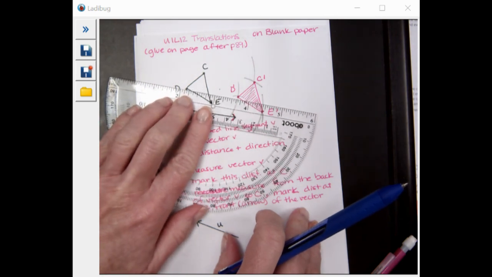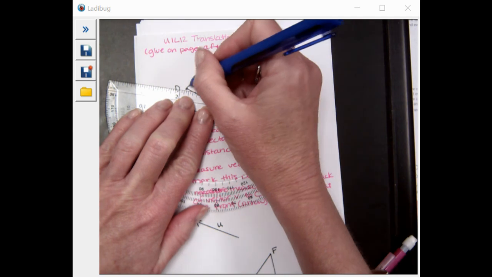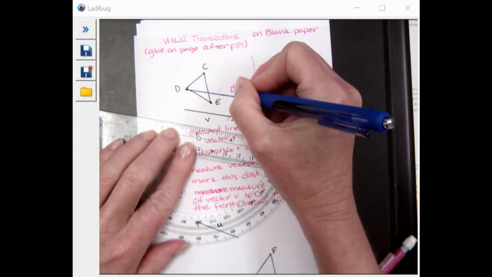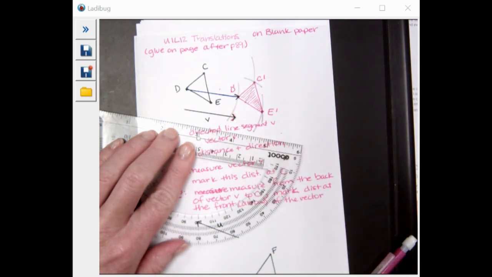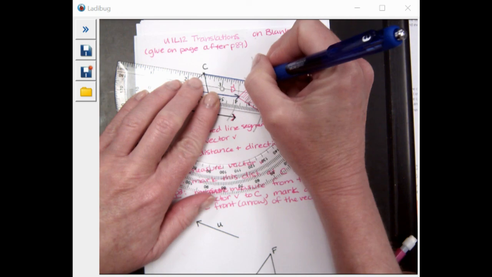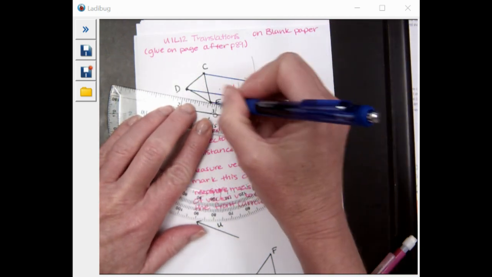But let's connect D to D prime, put an arrow at D prime. Let's connect C to C prime, and let's put an arrow. And let's connect E to E prime, and let's put an arrow.